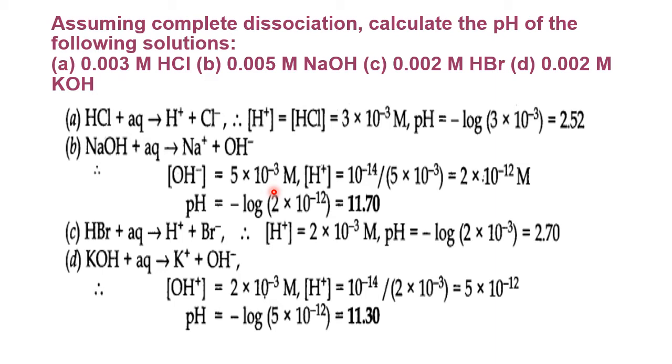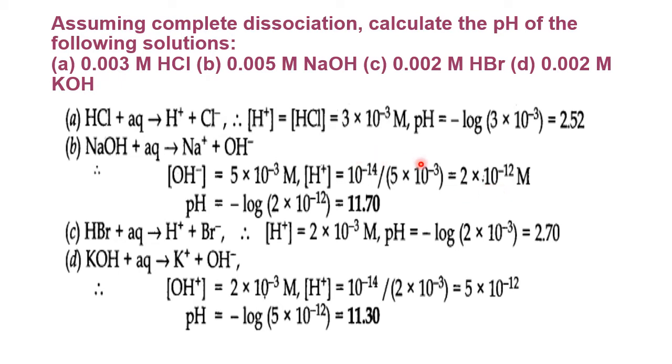This we have learned in the ionic product of water. So OH minus into H plus equals 10 to the power minus 14. We know the OH minus ion, so H plus equals 10 to the power minus 14 by 5 into 10 to the power minus 3 from the hydroxide ion. After simplification, we get hydrogen ion concentration equal to 2 into 10 to the power minus 12 M.